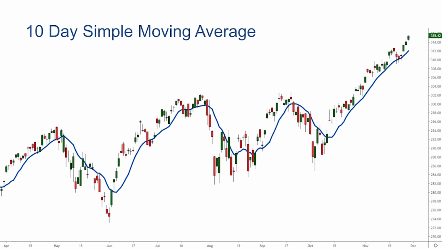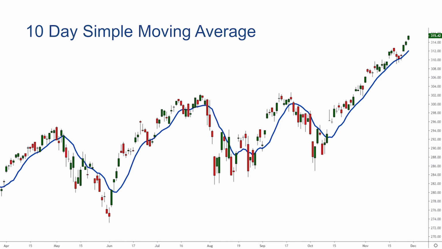Here what I'm illustrating is a 10-day moving average. At any one of the points on the blue line, all we're looking at, in this situation, is the average price of the last 10 closing prices. It's simply giving you the average price. Therefore, if the price is sustaining above the line, it means that it's in an uptrend.